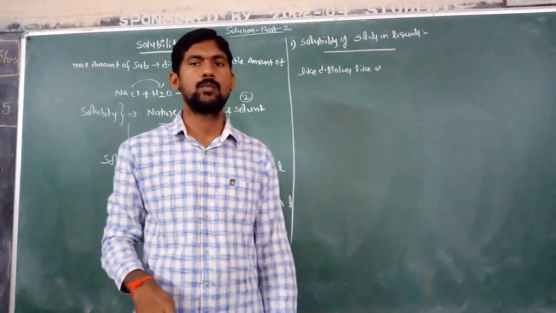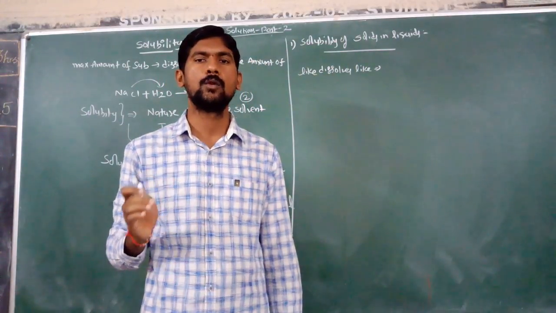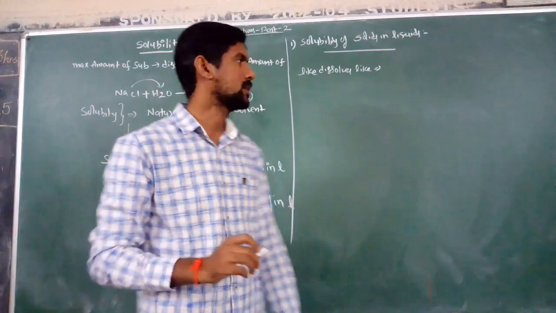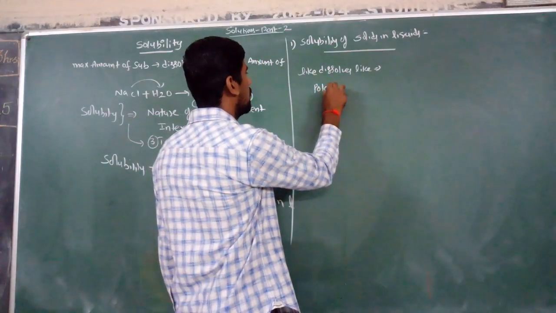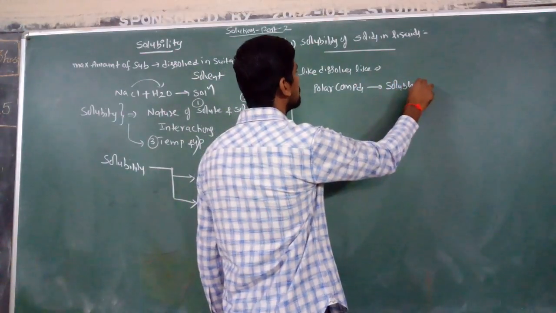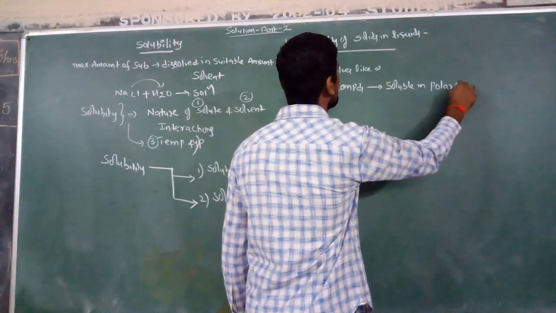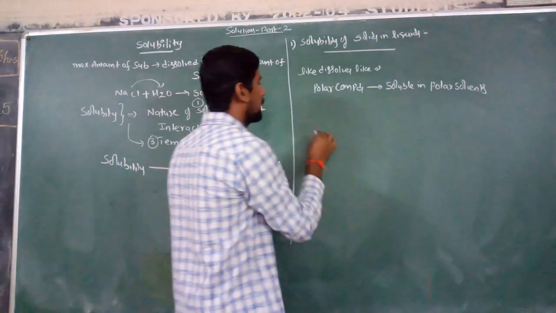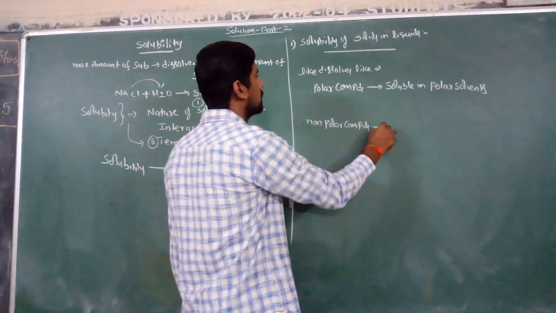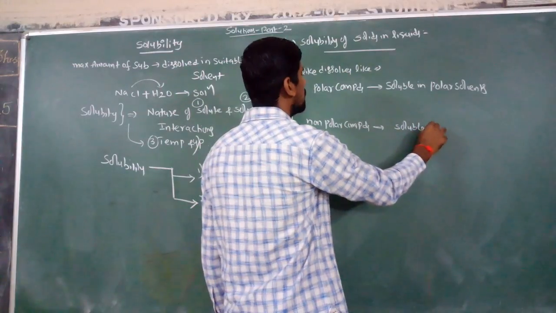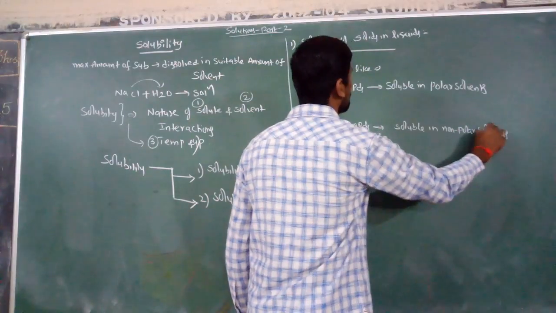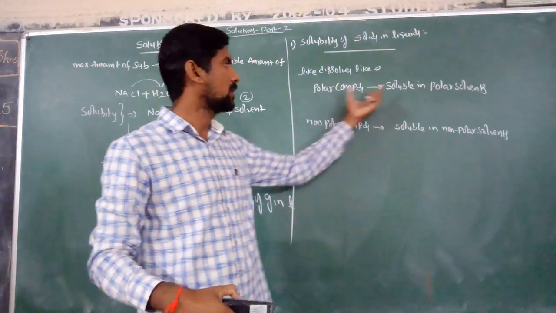Like dissolves like means polar compounds are soluble in polar solvents, whereas non-polar compounds are soluble in non-polar solvents. Polar compounds are soluble in polar solvents. Non-polar compounds are soluble in non-polar solvents.